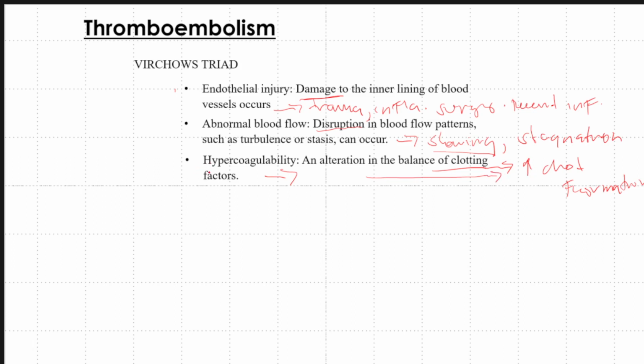So, all of these three, in general, increase the chances of the development of a clot, which is one of the markers of thromboembolism. Kaya, bakit nga? Because you need clot formation in order to consider that a thromboembolus, right?